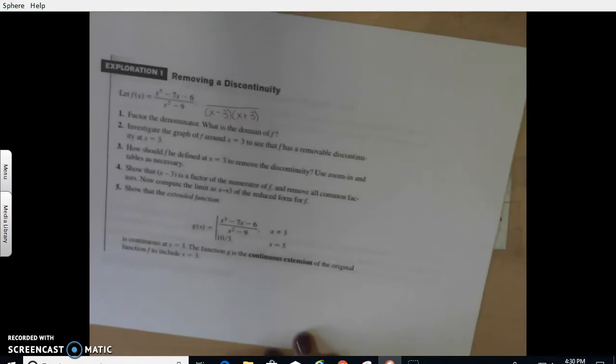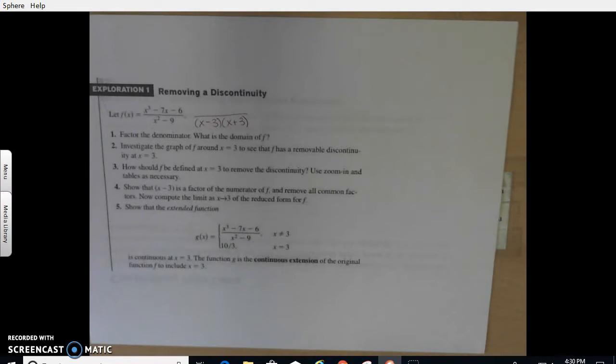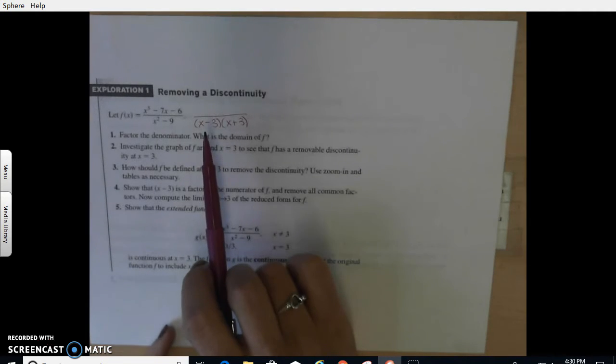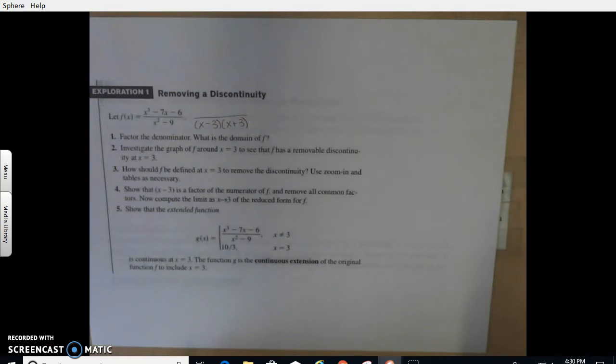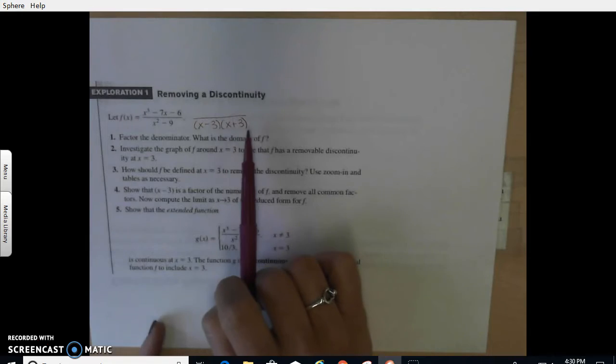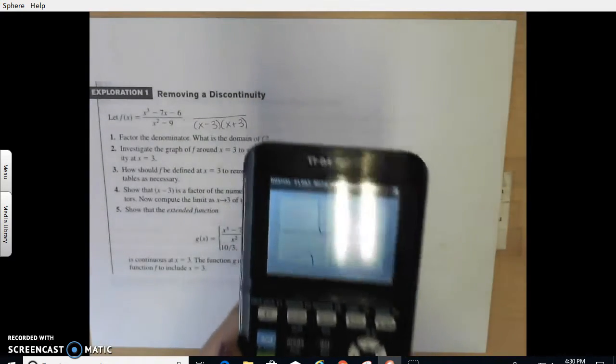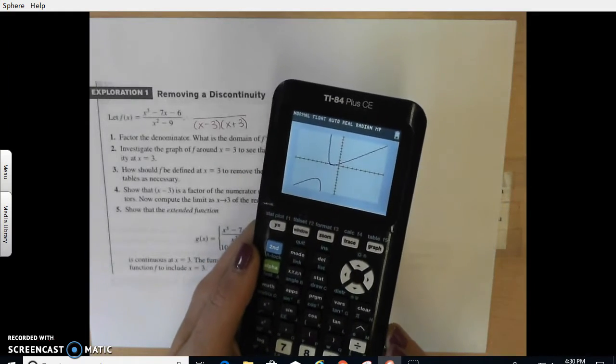If we are trying to remove a discontinuity, we can factor our denominator. By factoring our denominator, we know that our possible points of discontinuity would be at x minus 3 and x plus 3. So now I'm going to look at my graph. Oh, sorry for the glare.